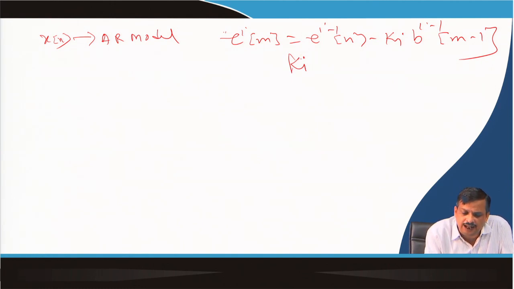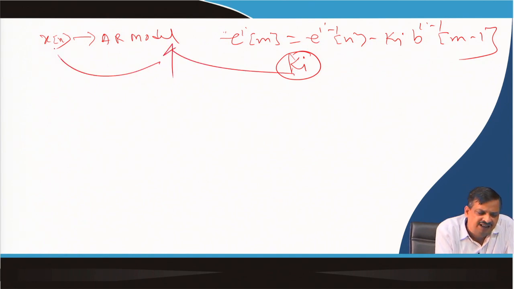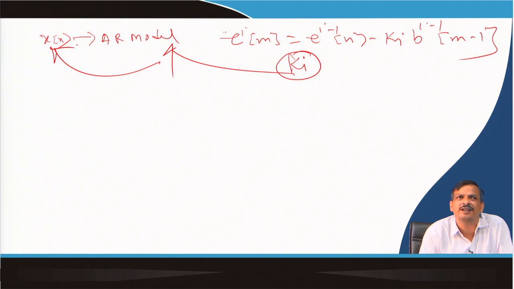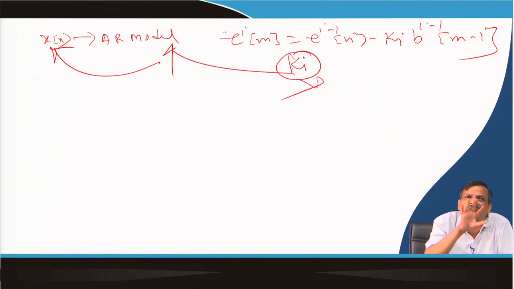So, if I take the Fourier transform of all the Ki, Ki is basically the model parameter, Ki represents the signal. And if I take the Fourier transform of the Ki parameters, then I get the spectrum of the signal. So, that is called parametric approach. So, I converted the signal.